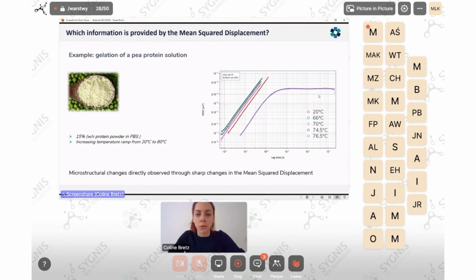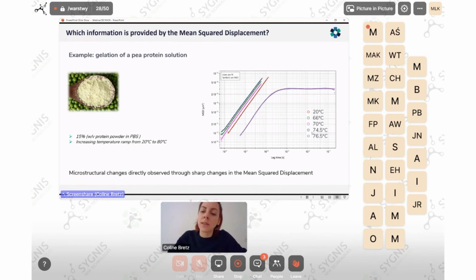And what we are really probing here is the viscoelasticity, but also the microstructure of the protein solution. And we can directly see this with the mean square displacement curves, because when we look at temperatures below 74.5, we see, again, a linear behavior with particles present in the pea protein solution that are free to diffuse. And after a certain temperature here, we see that the behavior dramatically changes with time.